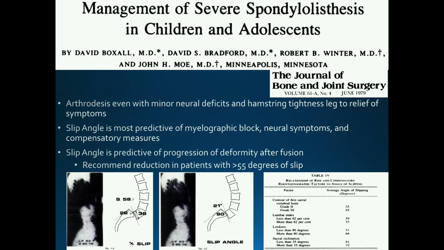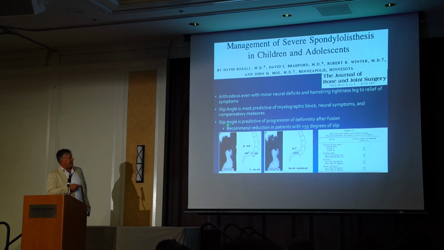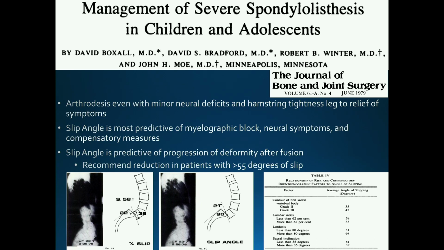And what they said, and I think this is still true, this is very insightful, is that really the slip angle is a parameter that's more important than the degree of spondylolisthesis. So correcting that slip angle between L5 and S1 has to be our goal. And this was recognized all the way back in 1979. And what they said is in patients with a higher slip angle, these are the ones where the rods break, they have progression of deformity, they don't fuse.